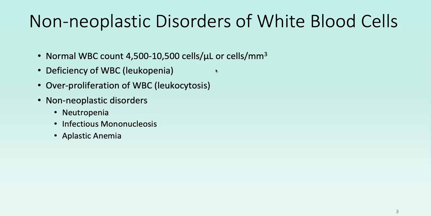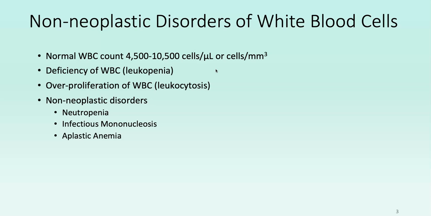Normal white blood cell count is 4,500 to 10,500 cells per microliter. A deficiency of white blood cells is called a leukopenia. This is when the WBC count drops below 4,500. The opposite is when the WBCs rise above 10,500, and this is called a leukocytosis.